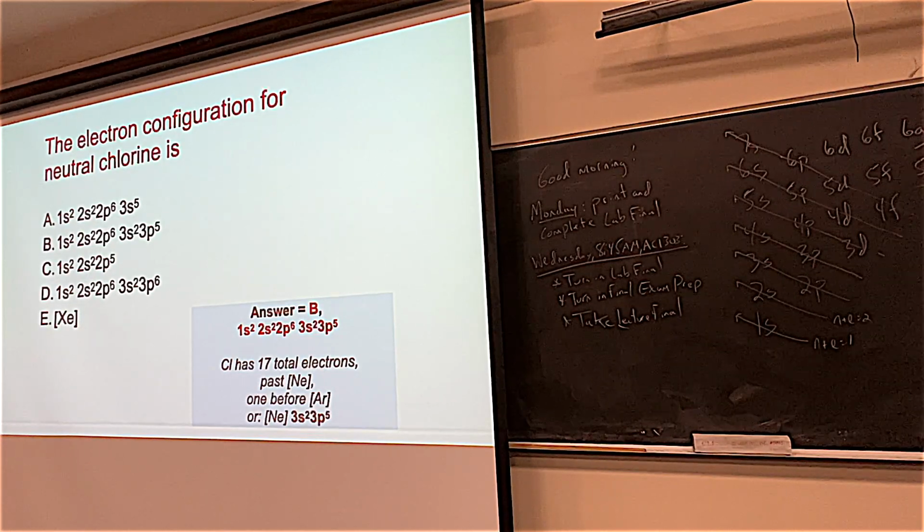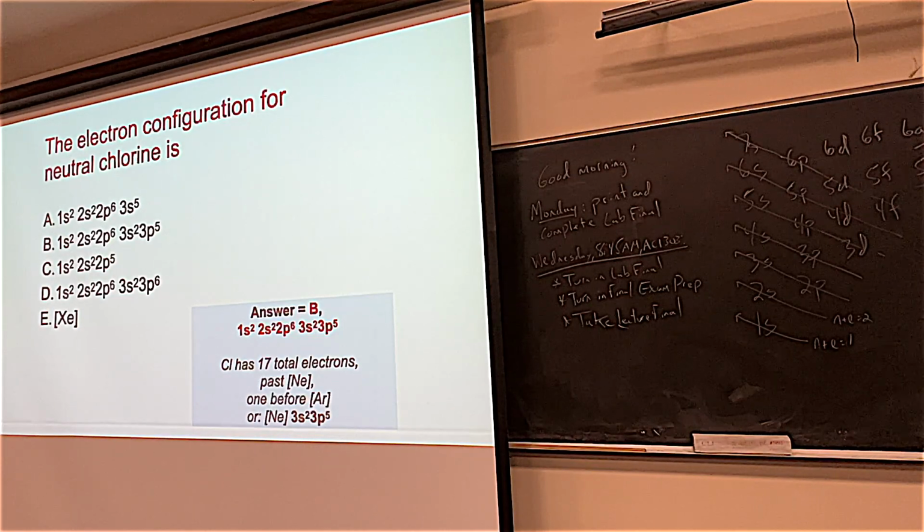I can't remember if you said there's a reason for that or not, because I remember seeing it and thinking, well, that doesn't look quite right, but it's whatever they said. Good call. Honestly, no one really knows. You can justify with chromium, the first one, that one of the 4s electrons jumped ship to the 3d.